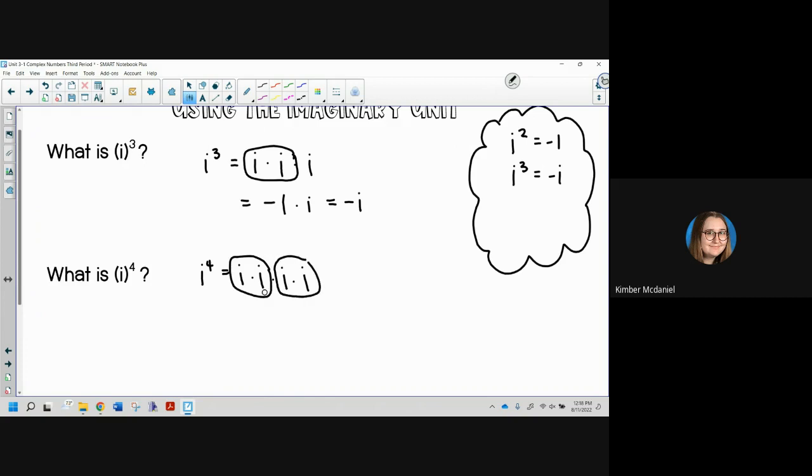We know i times i, which is i squared, is equivalent to -1. What's -1 times -1? 1. So i to the 4th equals 1. Add that to your list of key facts.